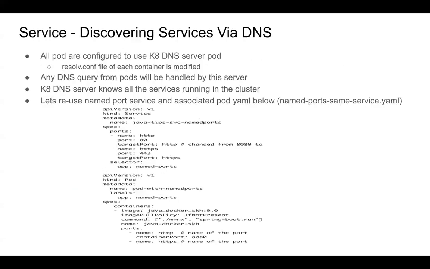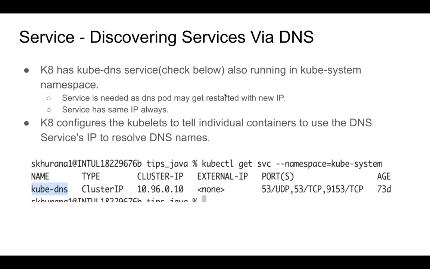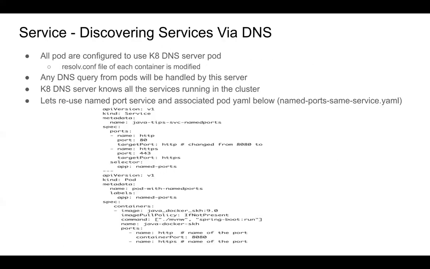How does this work, right? Now all pods are configured to use a Kubernetes DNS server pod. We can see the resolv.conf file of each container, and any DNS query from pods will be handled by this server. The Kubernetes DNS server knows all the services running in the cluster, correct? So the DNS server we are talking about, this is the DNS service which is tied to the DNS pods. So they know all the services which are running in the Kubernetes cluster.